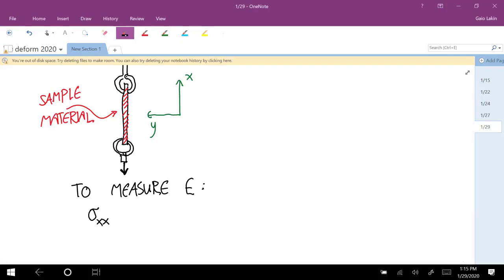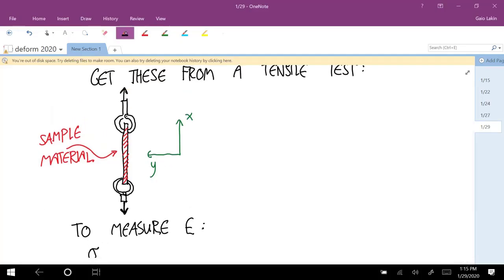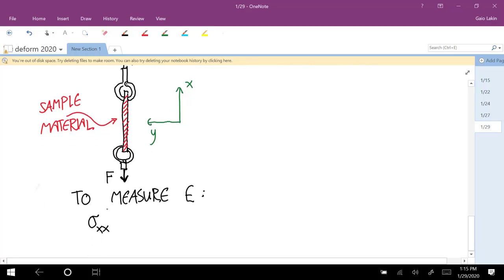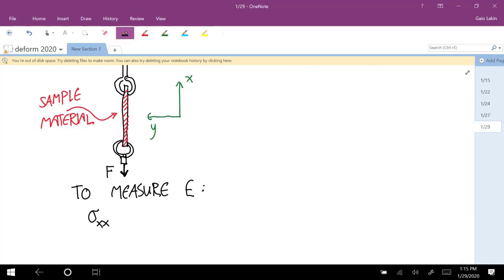And you measure that if you're applying this force F. Then to measure the XX stress, you do that as the force divided by the cross-sectional area of the sample.